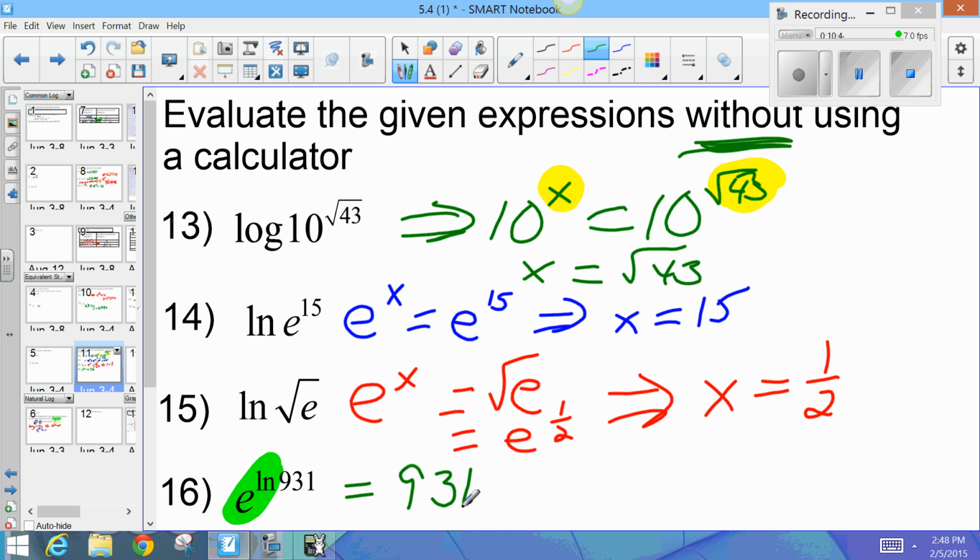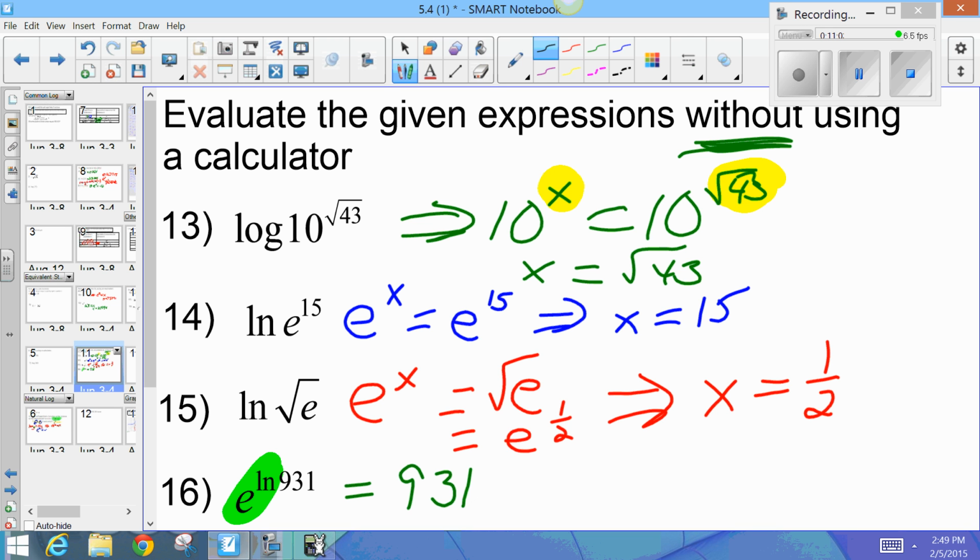If you reflect back on the problems before this too, the log and the power of just canceled, and whatever was in the exponent has been our answer.